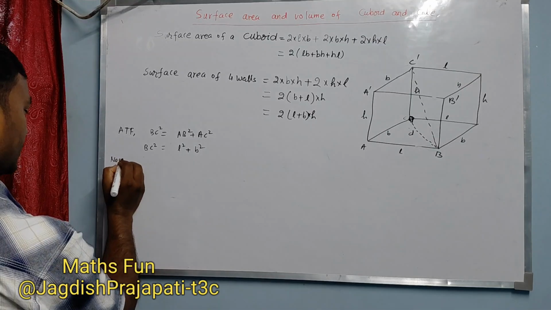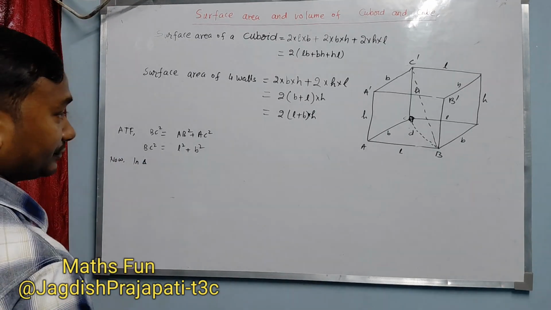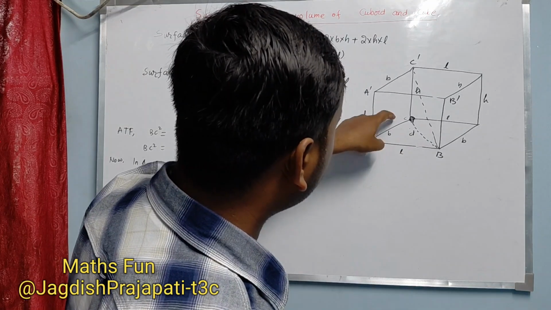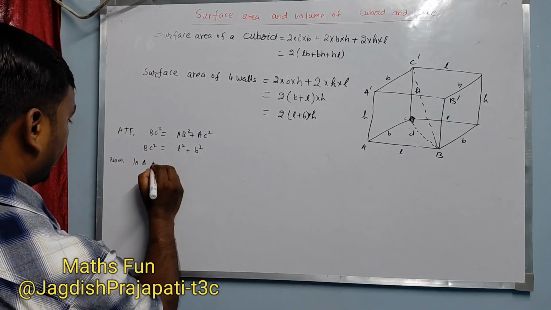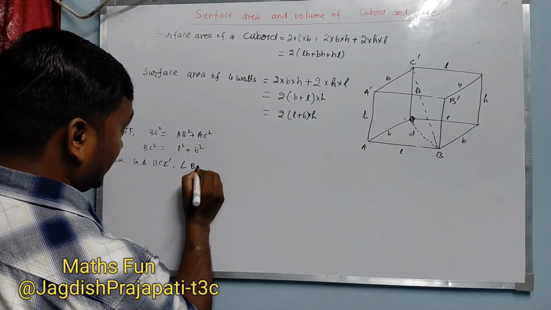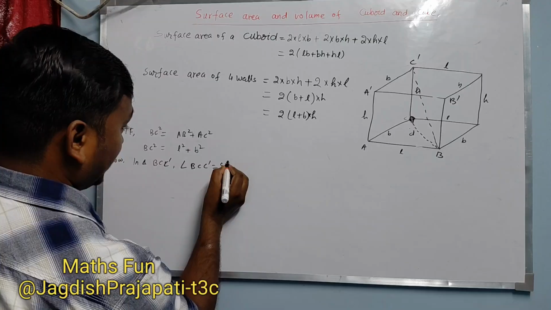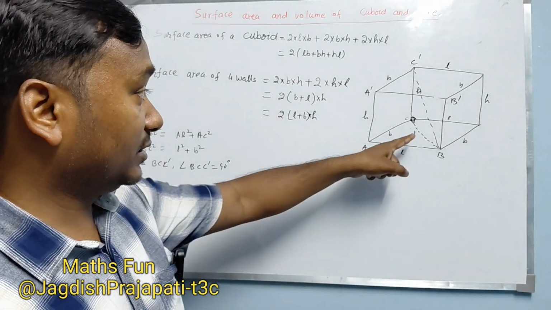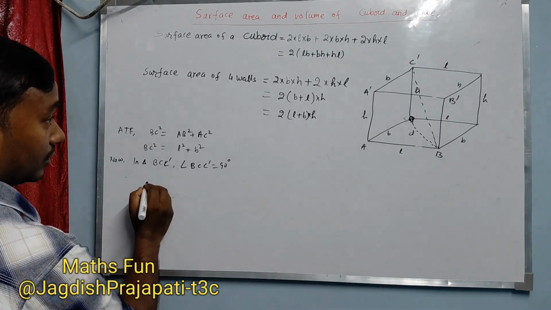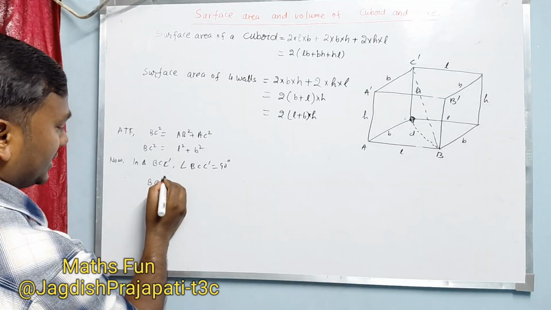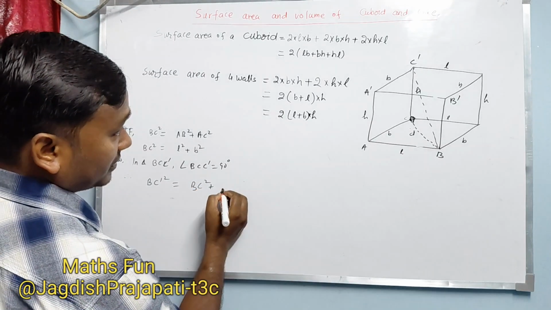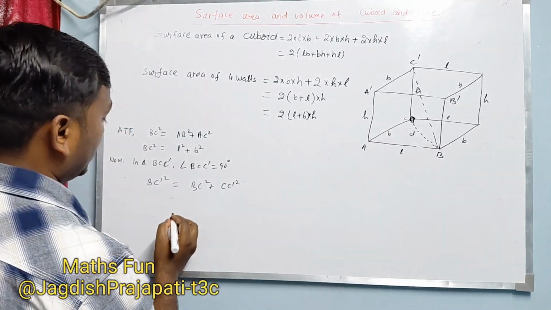Now in triangle BCC dash, angle BCC dash equal to 90-degree, and therefore this is a right angle triangle. So therefore BC dash square equal to BC square plus CC dash square.